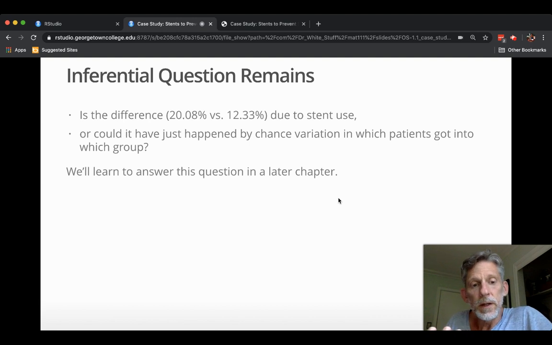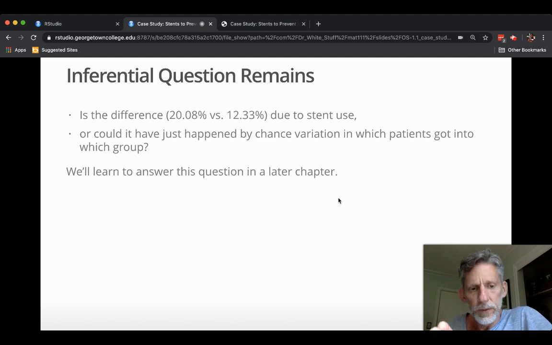And so, if that's what's going on, then it's not the stents that's making them have the strokes. It's just because they were already worse off anyway. So is the difference real due to the stent use? Or is that observed difference reasonably explainable as just chance variation in the process by which we got this data?